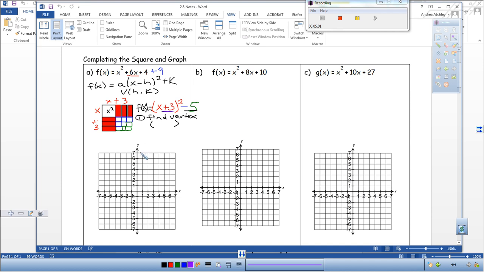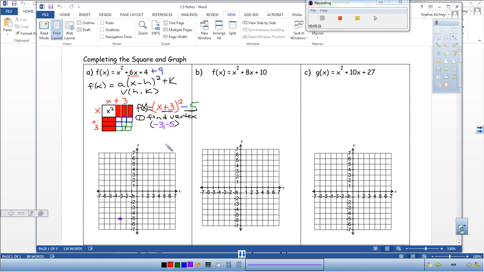Yes, so my vertex is -3, -5. It is the trick inside those parentheses, so it's the opposite of what we think. This actually shifts my graph to the left 3. So I move to the left 3 and then down 5. It's just those transformations that we talked about.